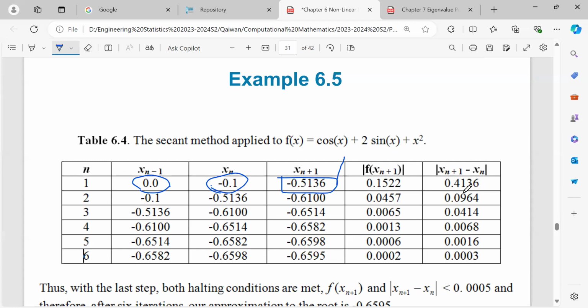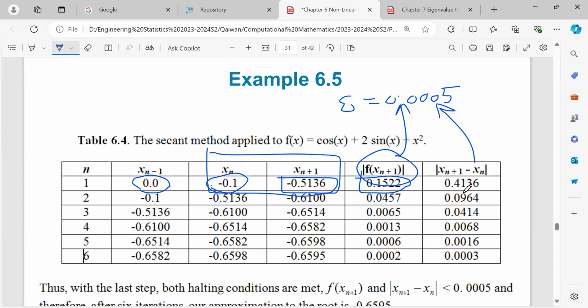The epsilon value of this, f of xn plus 1, is this one. It's not less than 0.0005. Here epsilon is 0.0005. We must get that this one is less than that value, or this less than that value. One of these. Sometimes both are satisfied at the same iteration. In the second iteration, we use these two.